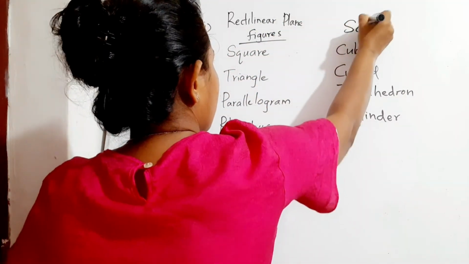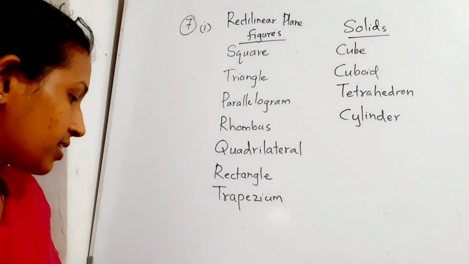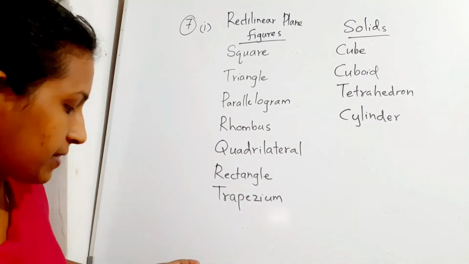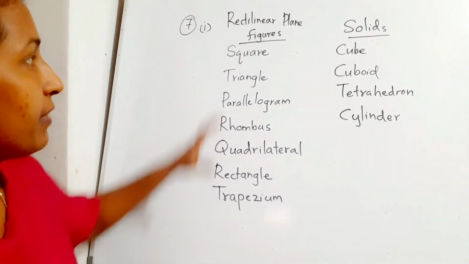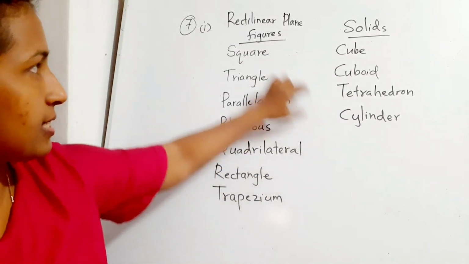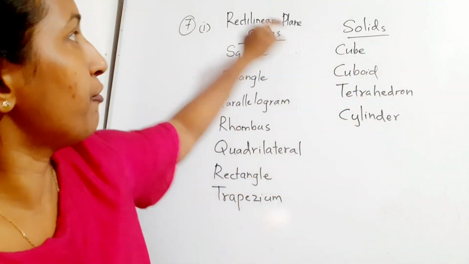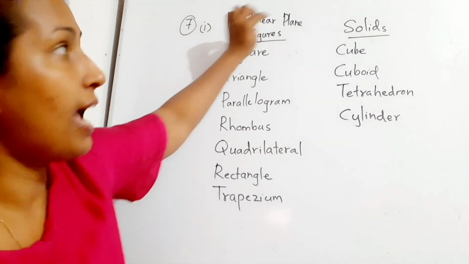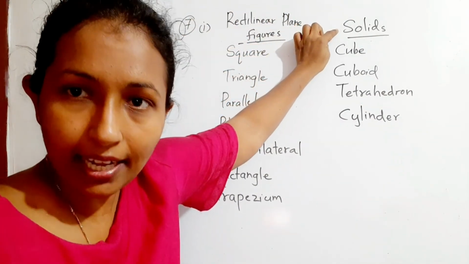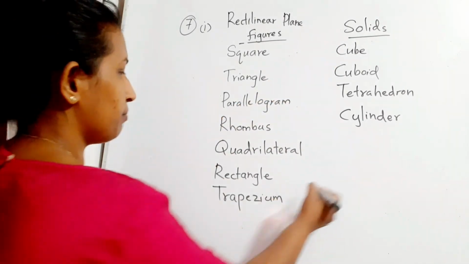These are solids. That is how you have to separate the items. Then you will be given 2 marks for this section, 2 marks for this section, 1 mark for this name, and 1 mark for this name. That is how you have to take the marks.